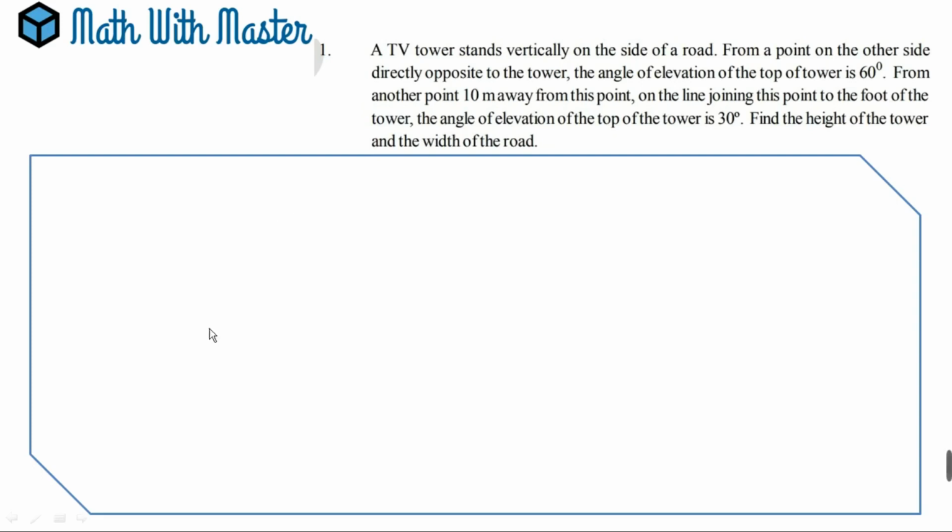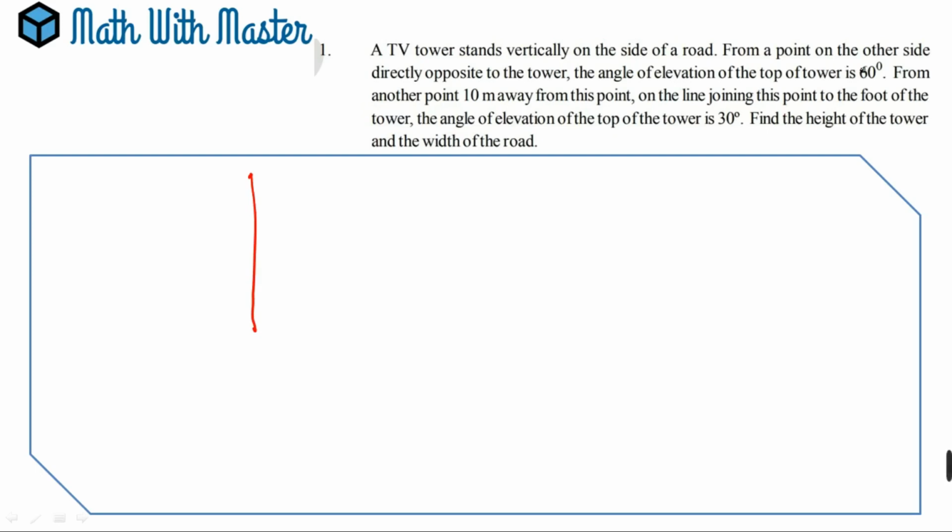So, here first thing is given that there is a TV tower standing vertically on the ground, on a side of a road.